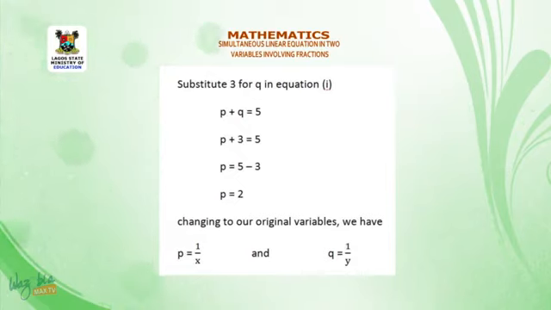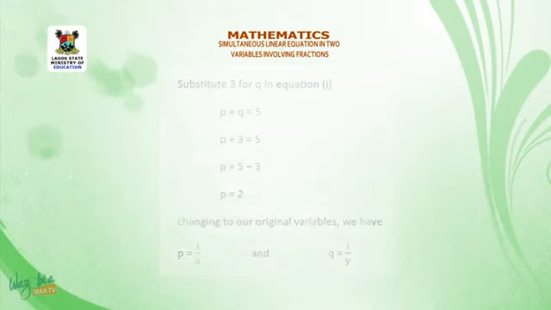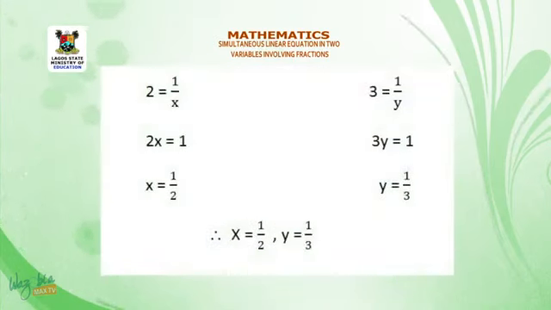Changing to our original variables, we have P is equal to 1 over x. 2 is equal to 1 over x. 2x is equal to 1. X is equal to 1 over 2.